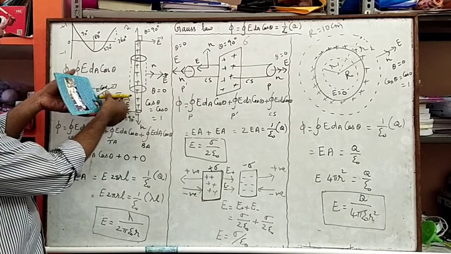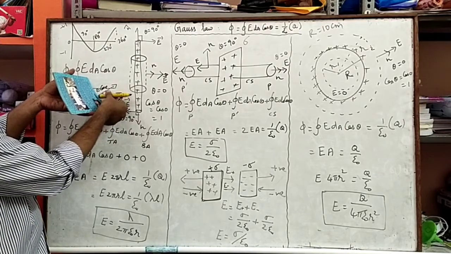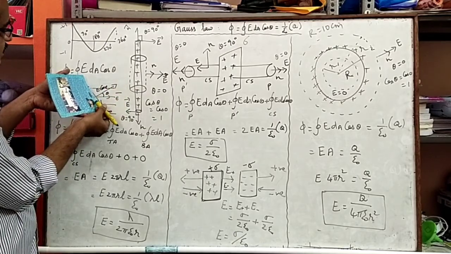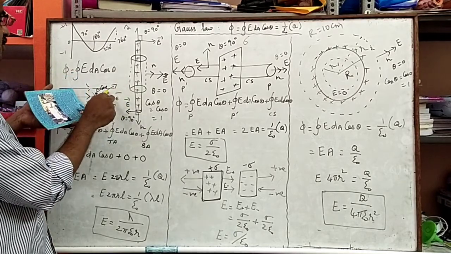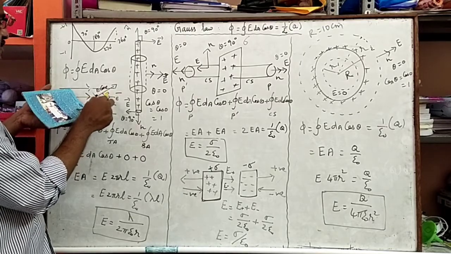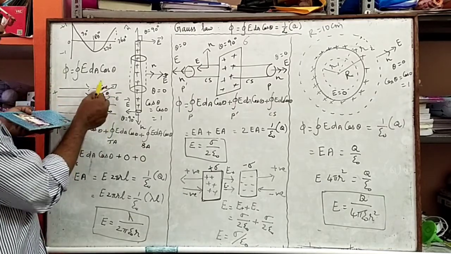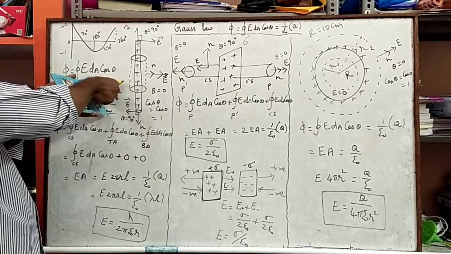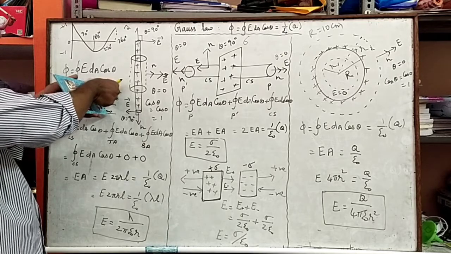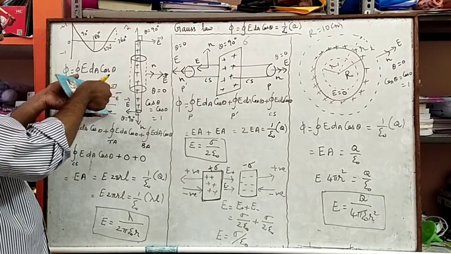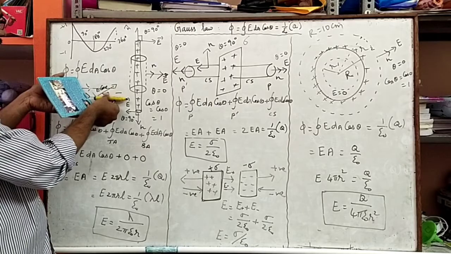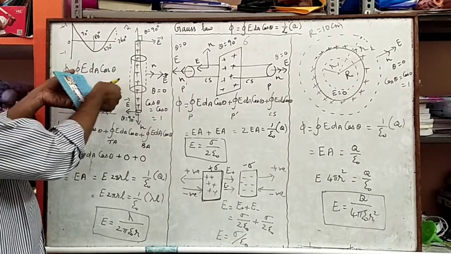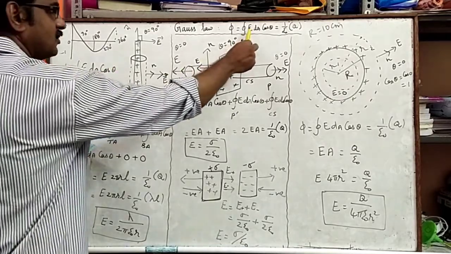This is the actual direction of electric field, which is not normal. Then this is divided into two components, E cos theta and E sin theta. This side is the opposite side, this is hypotenuse, then this becomes E sin theta. This is adjacent side, that becomes E cos theta. We take only E cos theta. That's why we have E cos theta here.